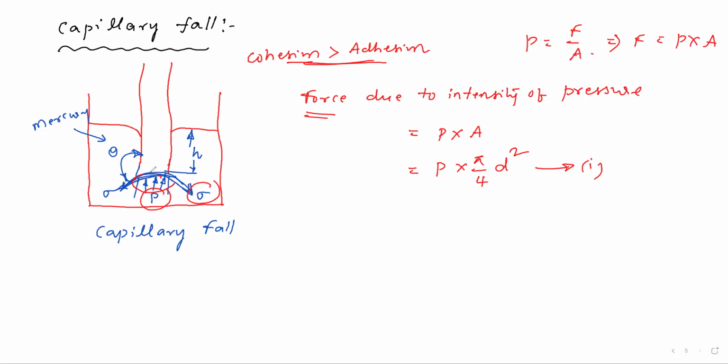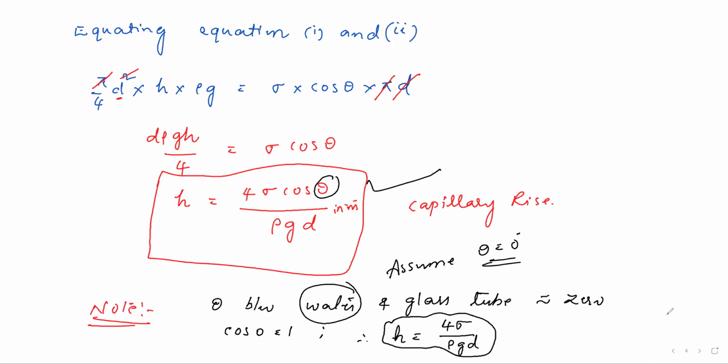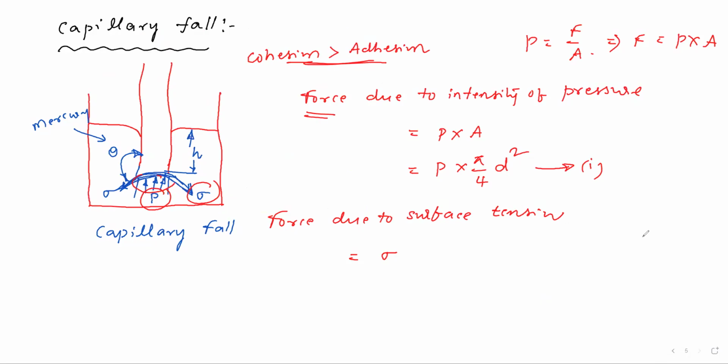Because it is a depression, right? So you can't see any fluid inside. Clear? Now let us consider the next one, surface tension. So force due to surface tension. Already before, I have written here very clearly, otherwise let me write again.